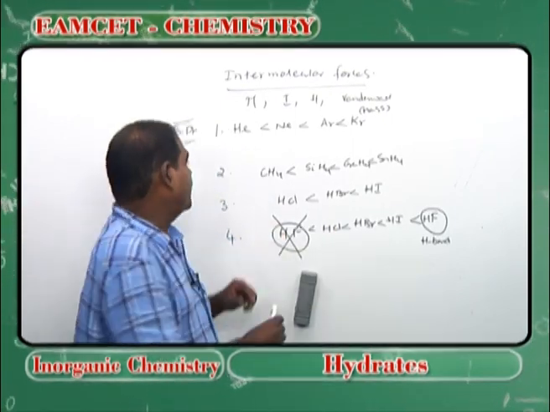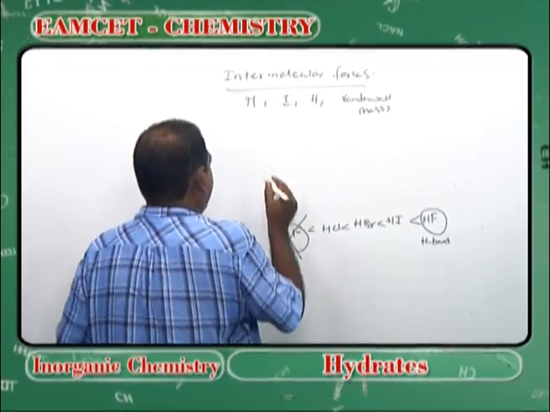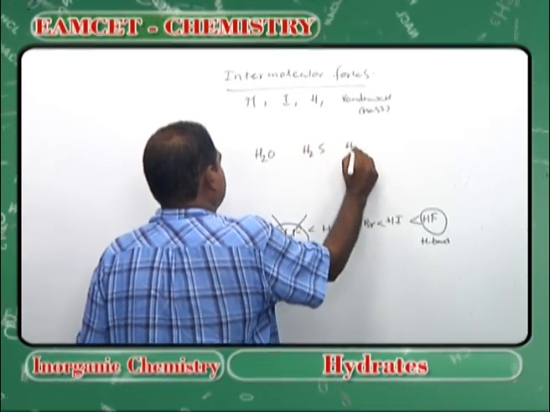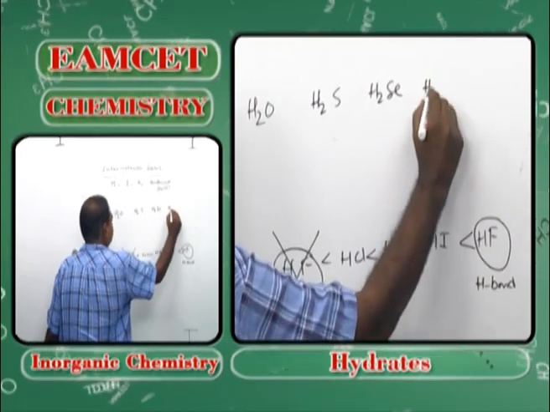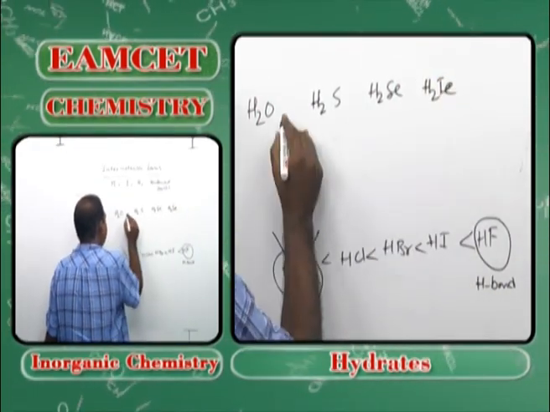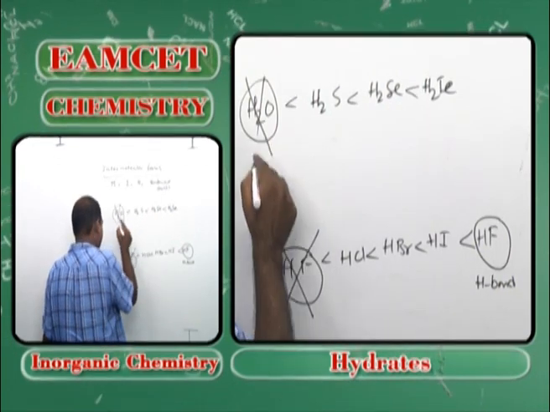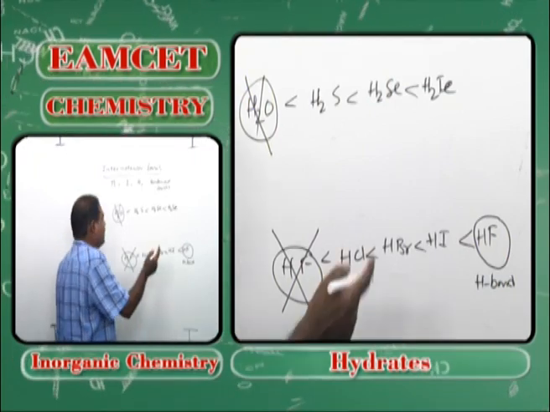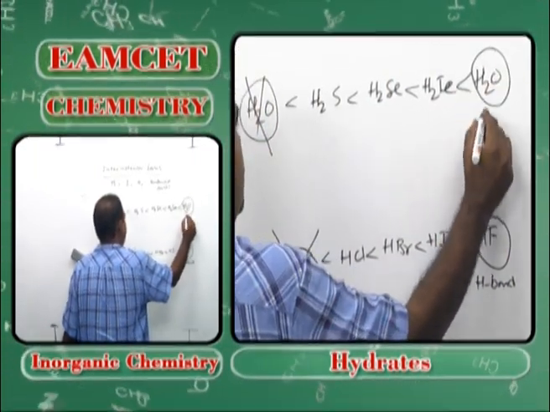Sometimes you may have to look at a different intermolecular force also. Similarly, H2O, H2S, H2Se, H2Te. You may think water has less mass, but that is wrong. If you write the wrong order, correct it, put it in the right place, and give the reason for the anomaly: H2O, hydrogen bond.